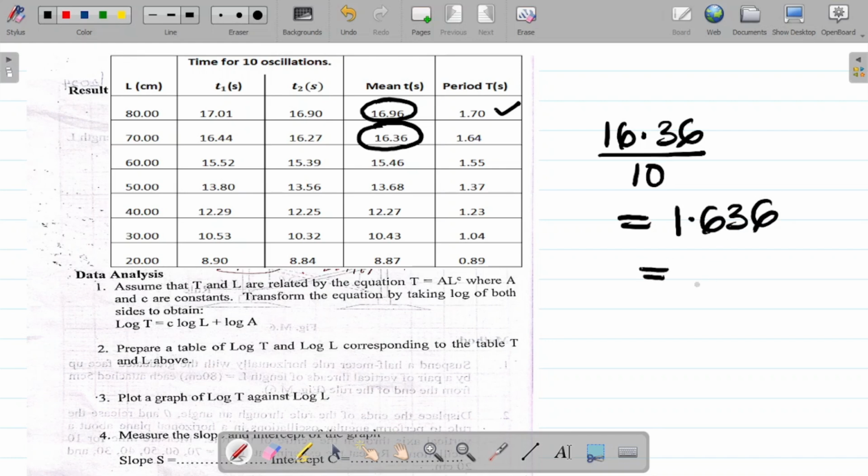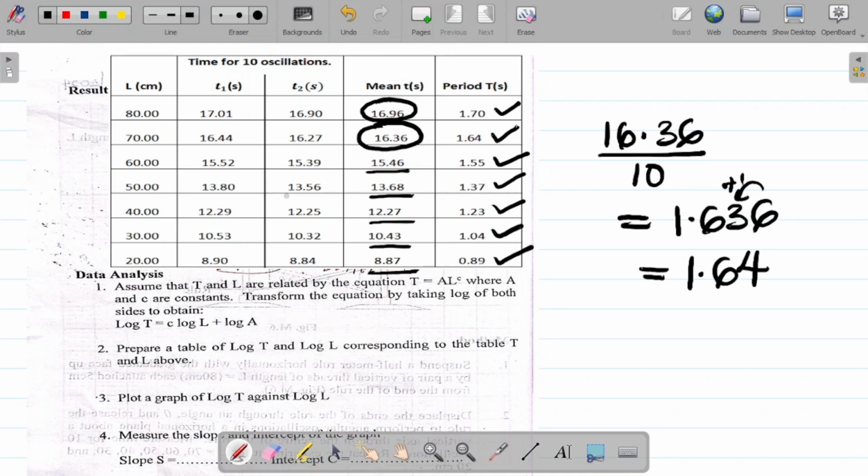In two decimal places, this becomes 1.64, since the 6 rounds up the 3 to 4. That's how I got this. So just divide each of these by 10 and approximate correctly. That's how you get the period T. So that's it basically. We're done with how to fill up the table.